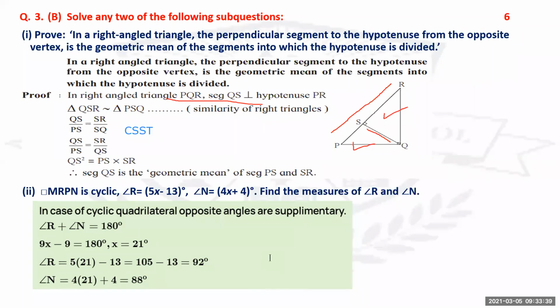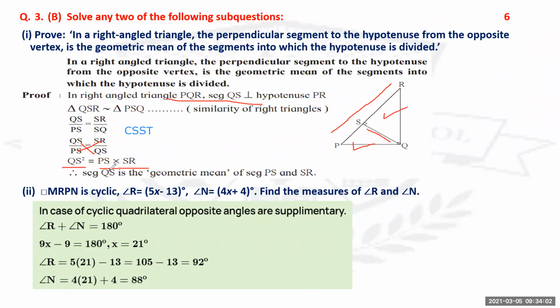You simply cross multiply. QS into QS becomes QS square, and PS would be multiplied with SR. So PS into SR. Therefore QS is the geometric mean of segments PS and SR.